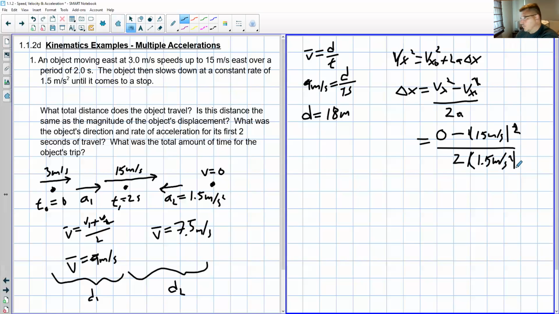Okay, so you'll notice right away that there's a negative sign here, and this is outside of this squaring.